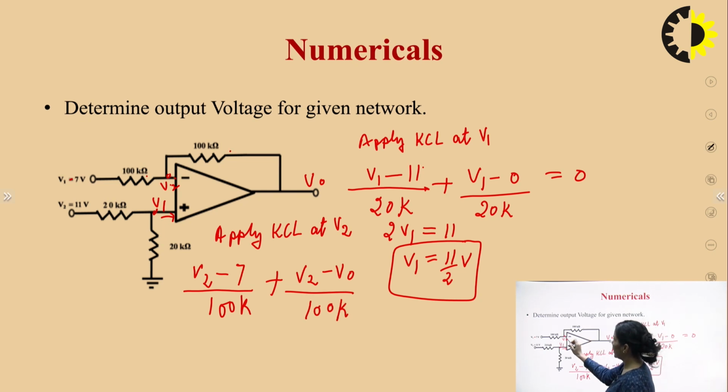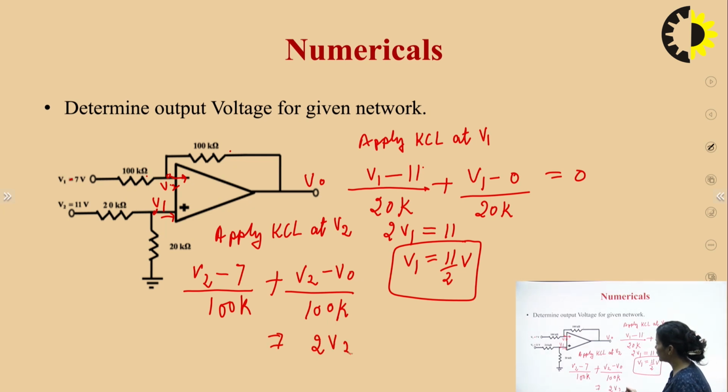Yes, and to the third branch the current is 0 due to the high input impedance. So again solving this, 2V2 minus 7 is equal to V2 plus V2, that is 2V2 minus 7 is equal to V0.